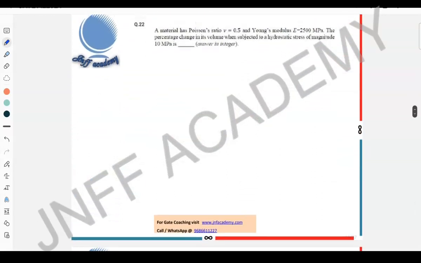Next, question number 22. A material has Poisson's ratio nu equal to 0.5 and Young's modulus 2500 megapascal. What is the percentage change in volume when subjected to hydrostatic stress of magnitude 10 megapascal? So this is a hydrostatic condition. I told about the hydrostatic condition also.